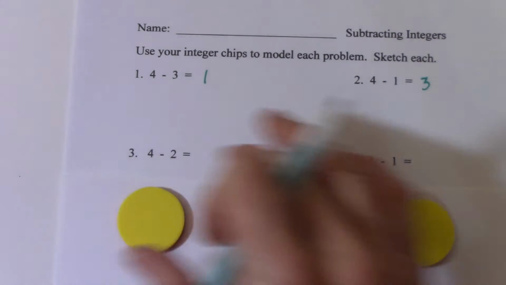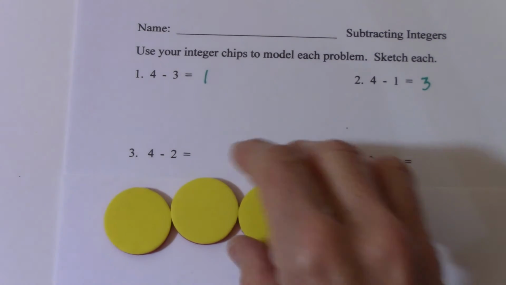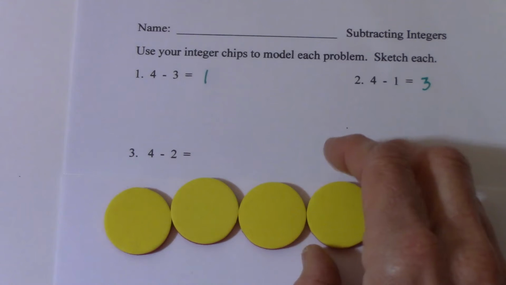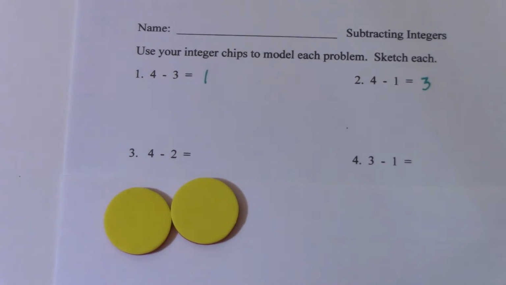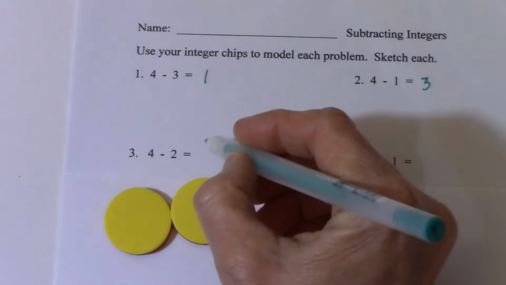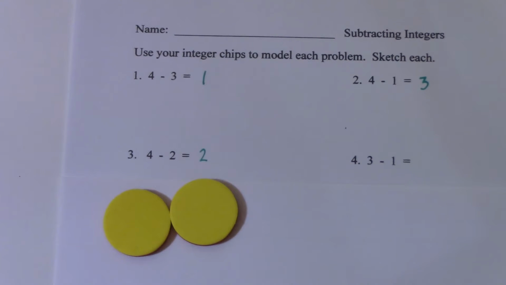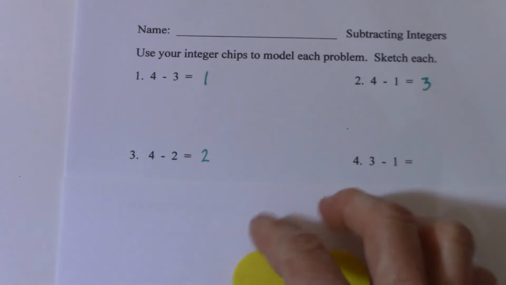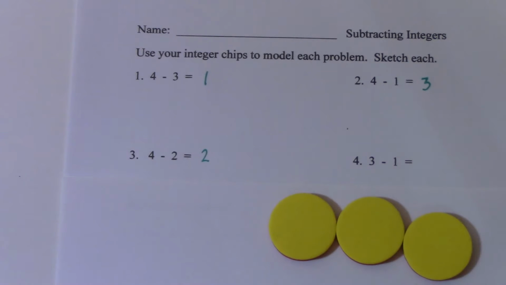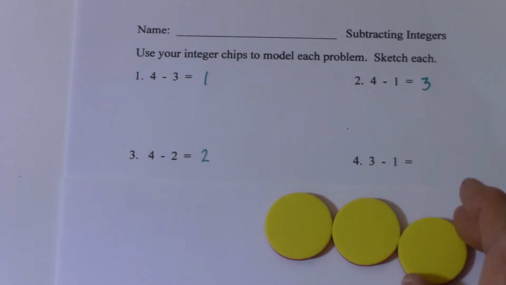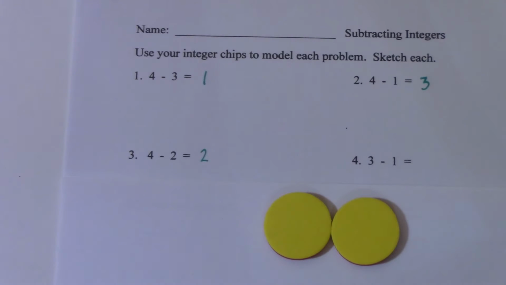Here we have 4, and we take away 2, and we're left with 2. And on the fourth problem, we have 3, and we take away 1, and we're left with 2.